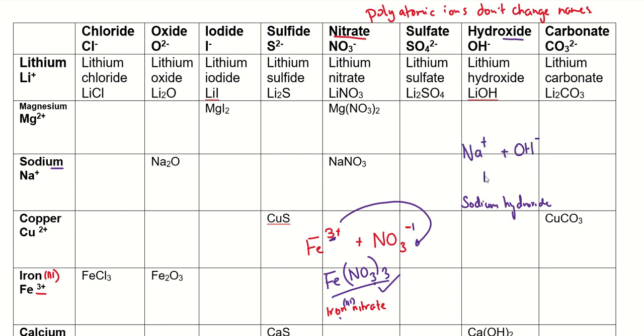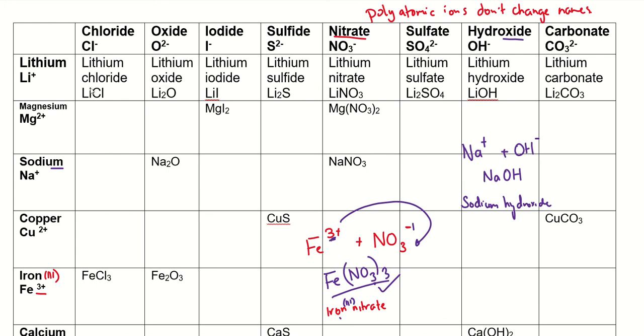They're going to crisscross, and it's just going to be NaOH. Notice how I haven't written any brackets here because at the end of the day, we only need 1 hydroxide to balance out the sodium. So that kind of explains that.